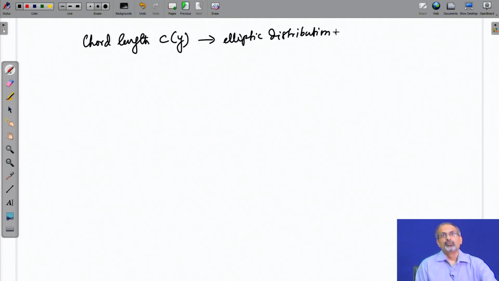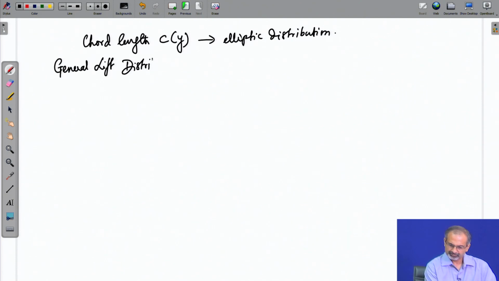So, we first looked at Prandtl's lifting line theory, then we looked at a particular special case of an elliptic lift distribution. We can have a more general lift distribution by taking the lessons from what we already learned.